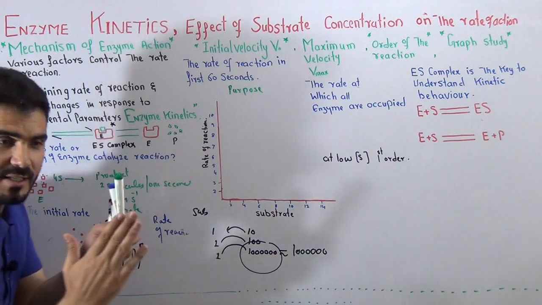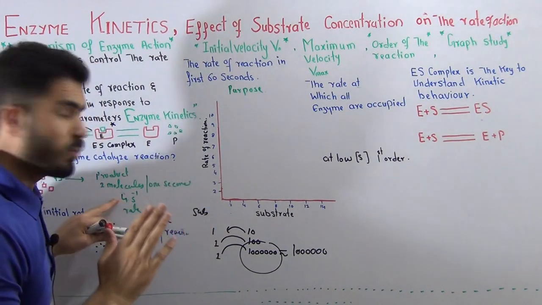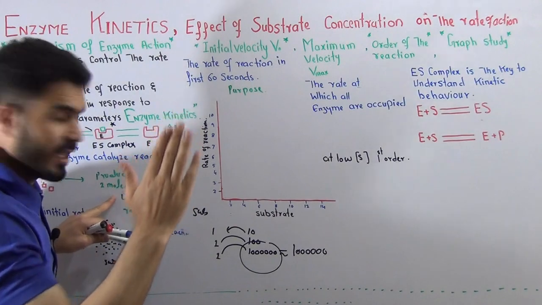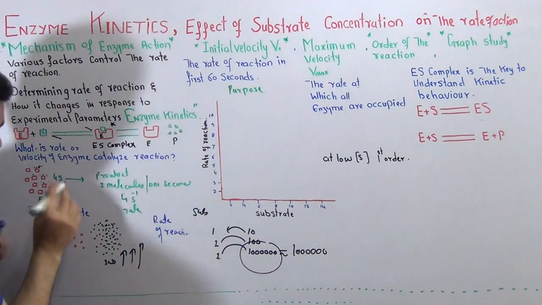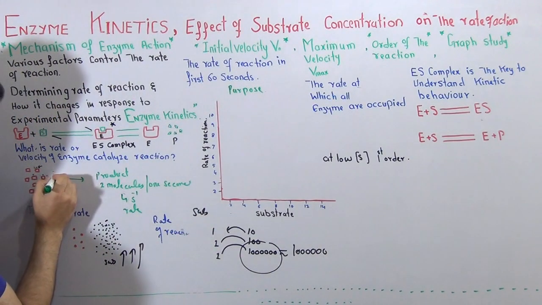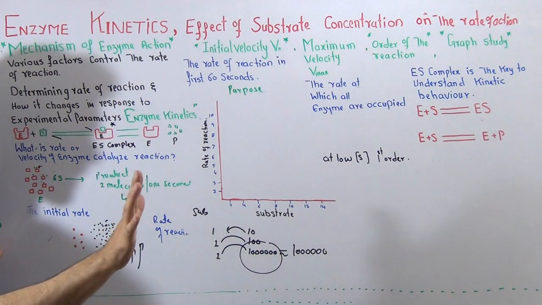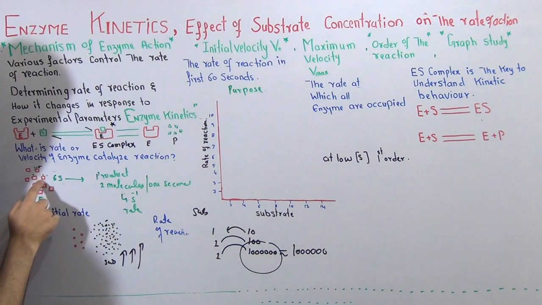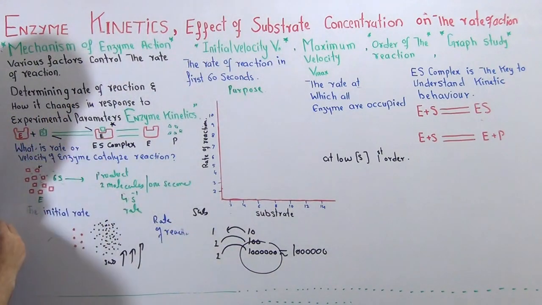The reaction is increasing. Do you remember in the beginning the reaction was 2 molecules per second, then 3, now it is 4. The reaction is increasing. If you use 6 substrate, what will happen? Let's suppose it is just the beginning again.